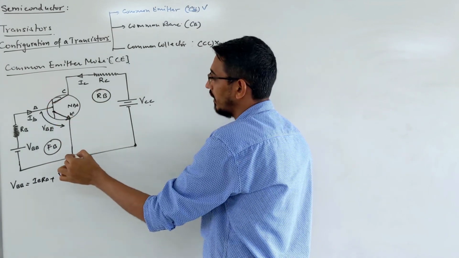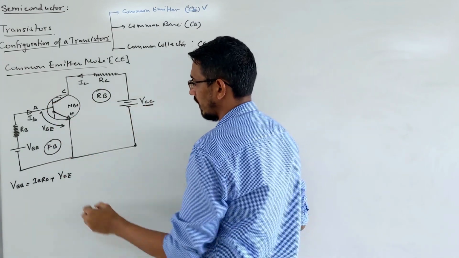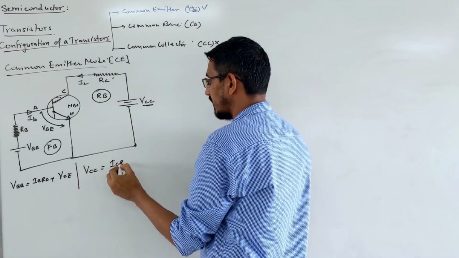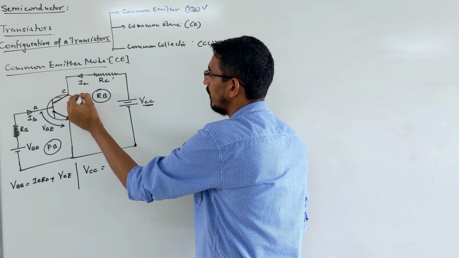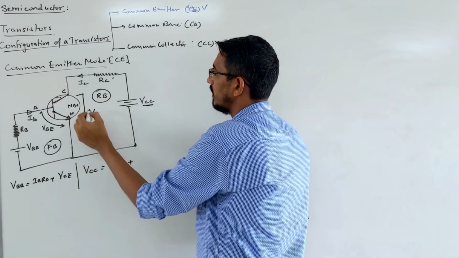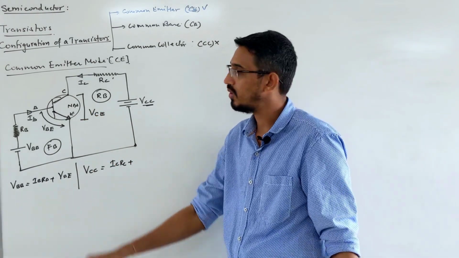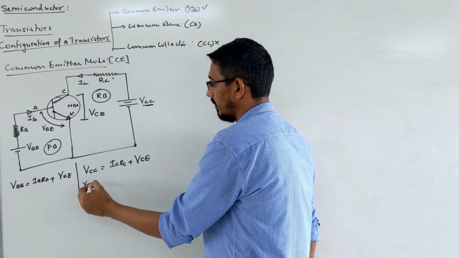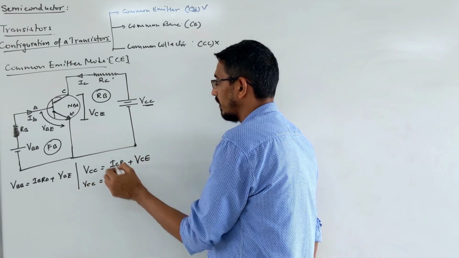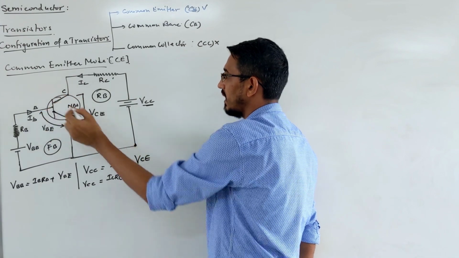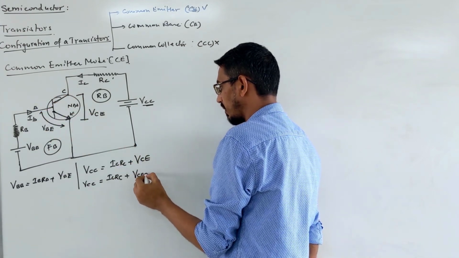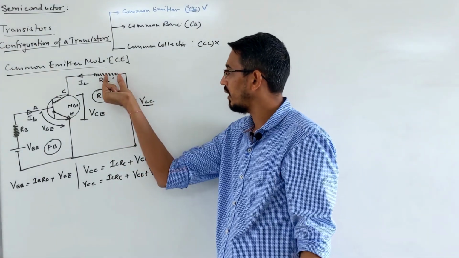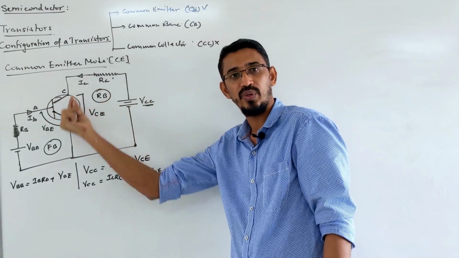So your VCC should be equal to the voltage drop here, ICRC, plus the voltage from here to here, which is called VCE, the voltage drop from C to E. This VCE you can also write as separate junctions: VCB plus VBE. That's the total output voltage supplied, going here plus here plus here. This is the output loop.